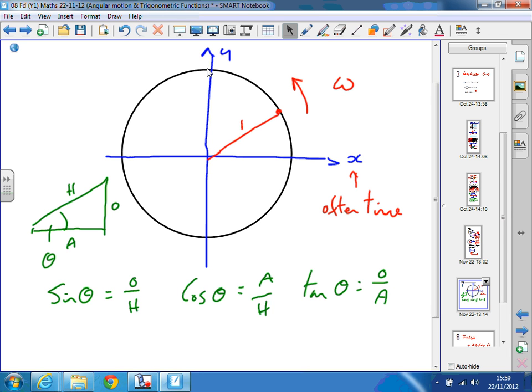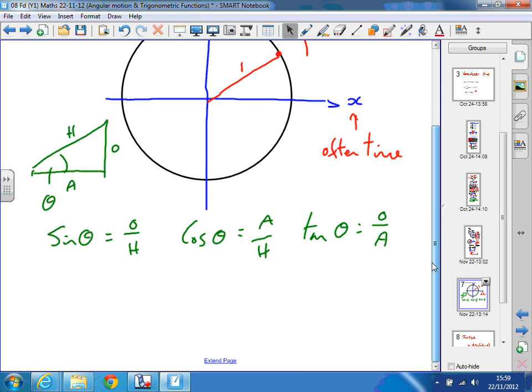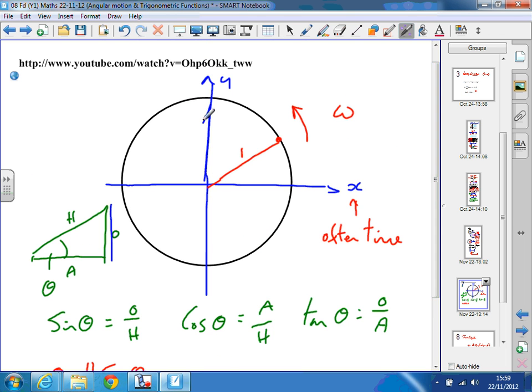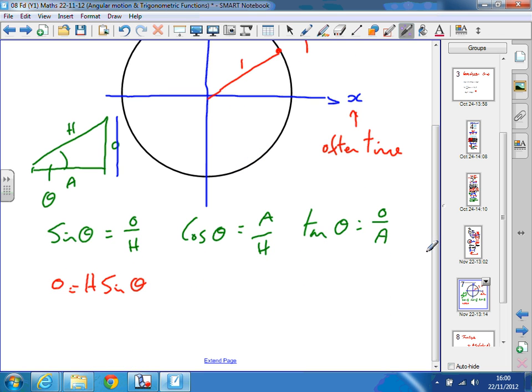If the hypotenuse is not 1, what do we do? We multiply by the length of that line, which is why, if I want to know what the opposite side is, I just multiply the hypotenuse by the sine of the angle. The sine of the angle tells me the length of this side, the distance up this y-axis for whatever angle we've got, assuming this is 1. So if I want to know the length of this side if this is not 1, I just multiply it by the length of that hypotenuse side.